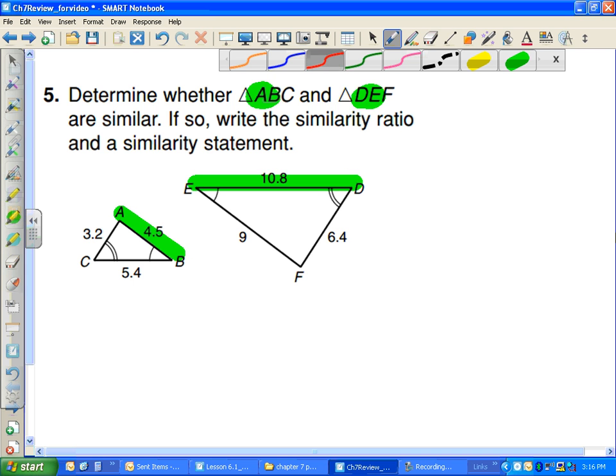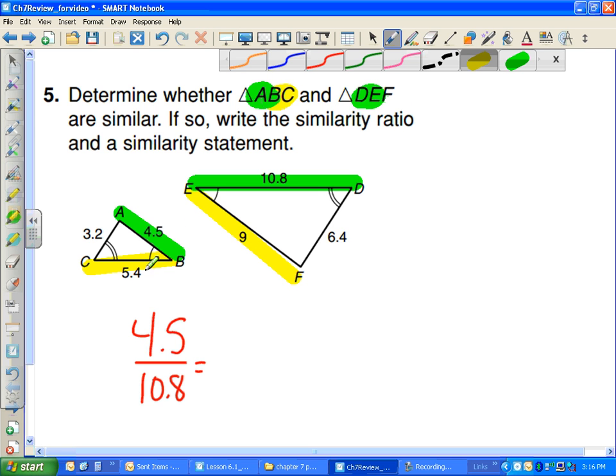There's the sides. Now what I'm going to do is set those sides equal to each other, like a ratio. 4.5 over 10.8. There's one. Let's do the next one. BC is right here, and it's congruent to EF right there.